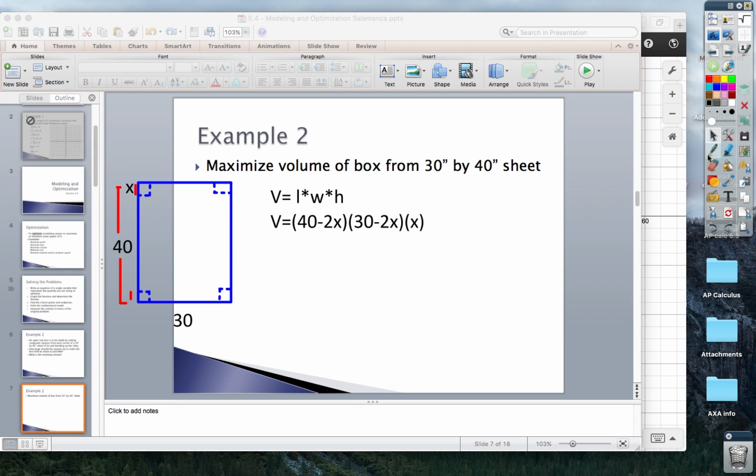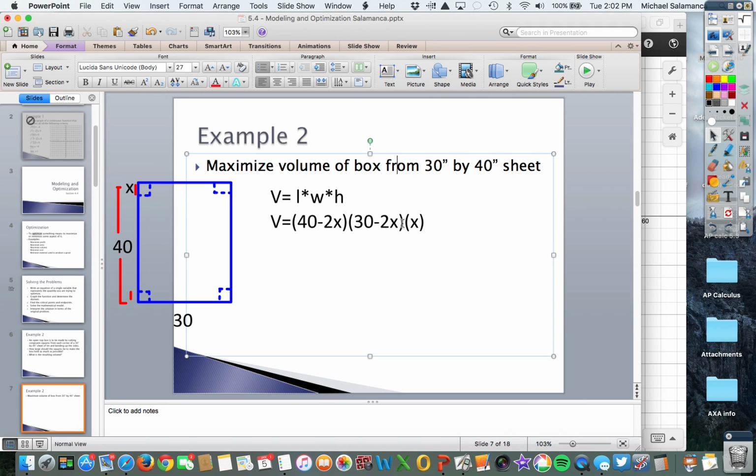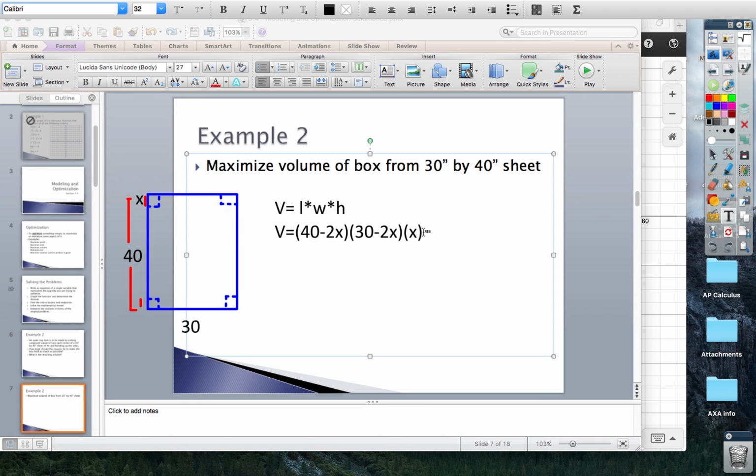Now, what we're going to do is take that value and multiply that out, or FOIL that out. What happens is we get volume is equal to 4x cubed minus 140x squared plus 1200x.